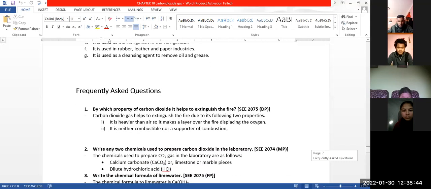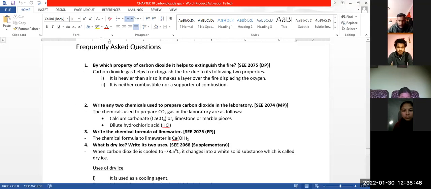By which property of carbon dioxide does it help to extinguish fire? This question was asked in 2075. Out of all the properties, which property of carbon dioxide helps in extinguishing fire?